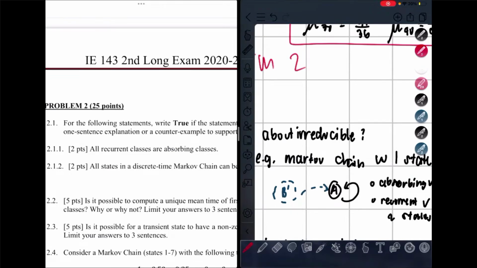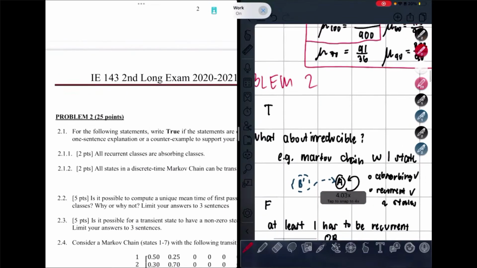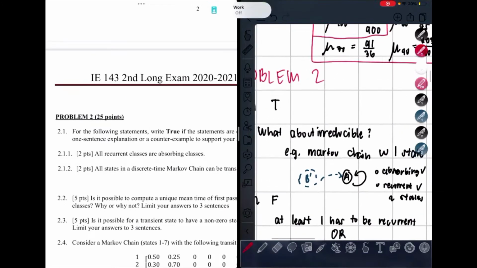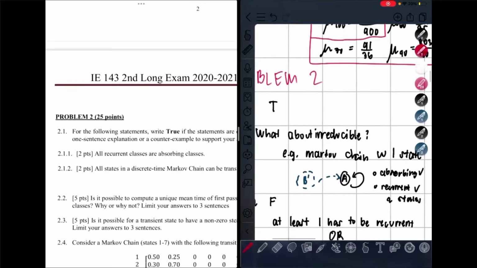And it's also recurrent because you can always get back to A from A, right? Even though it's just looping in on itself. So yeah, that is true. All recurrent classes are absorbing classes, even if they are the only class, because that just means that like basta by just some weird definition thing.